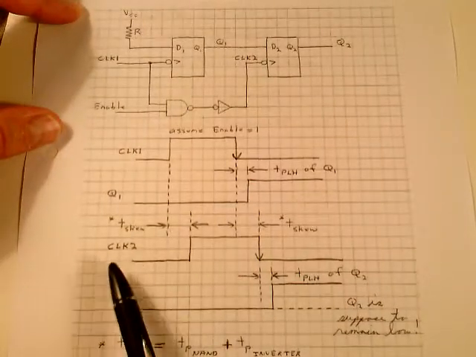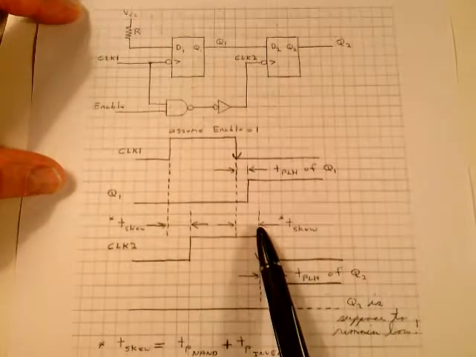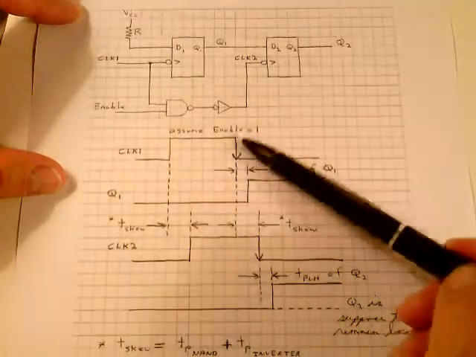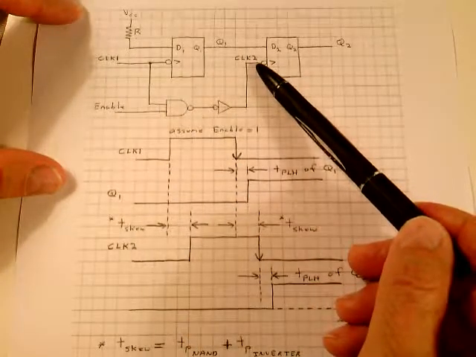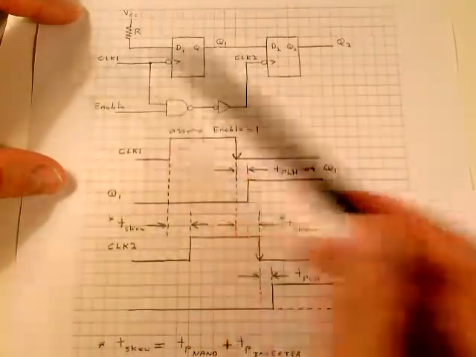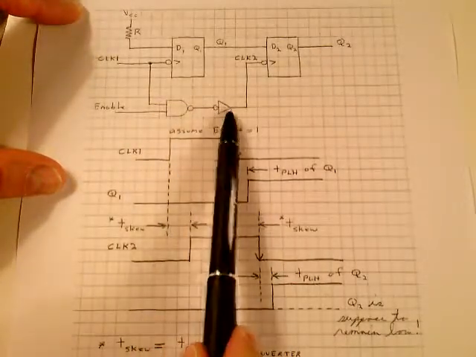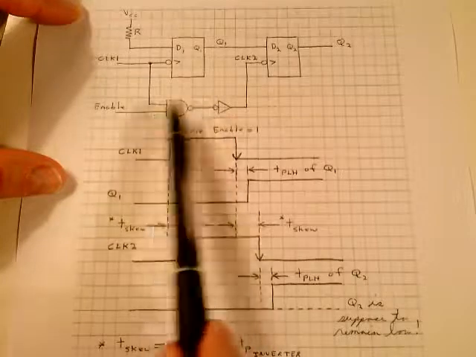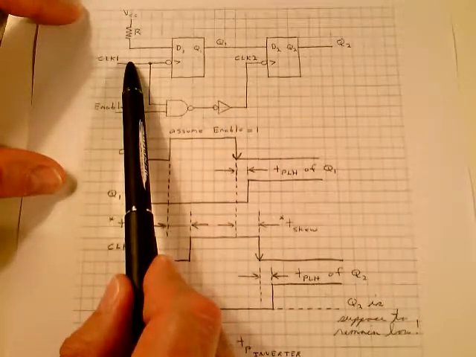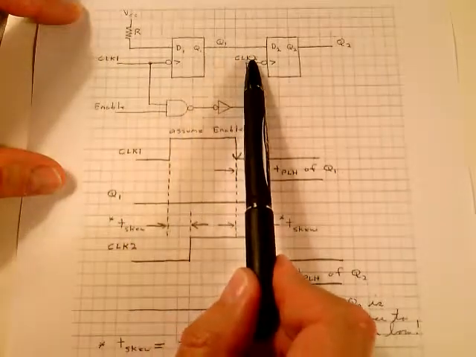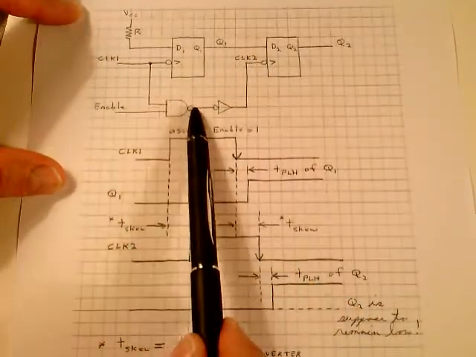There's a clock skew between here and here. When this clock edge goes low, this clock edge doesn't go low right away. Clock 2 can't follow clock 1 directly because it has to propagate through this NAND gate and this inverter. The reason I have these two in here on the design is that I want this clock to be in the same phase as this, but this is just an enable that allows this to come through, and it comes through with an inversion.